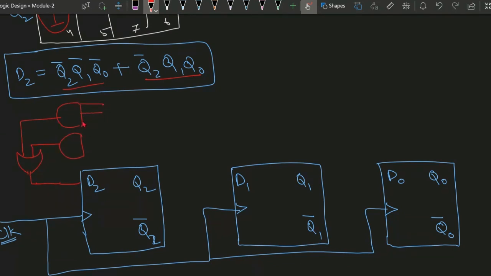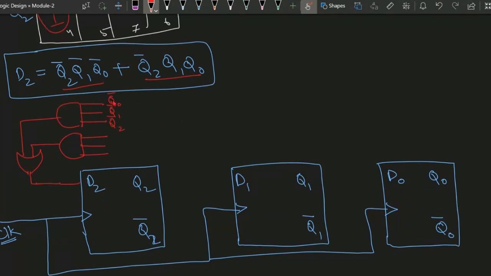Three inputs will be there for one AND gate, and 3 inputs will be there for the other. So what will be the 3 inputs? That is Q0 bar, Q1 bar, and then Q2 bar. Either we can connect them directly, because Q2 bar is here, Q1 bar we can connect here, Q0 bar we can connect here. Or because of the complexity, we will just write it down.